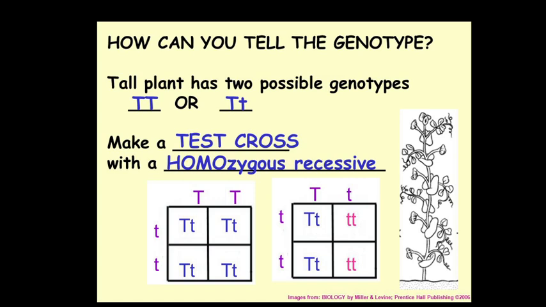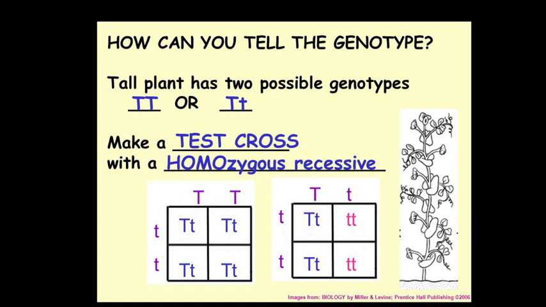How do you find out which genotype this tall plant has, whether it is capital T capital T or capital T small t? For this we have to take a test cross, with a homozygous recessive. We cross capital T capital T with the recessive small t small t, and we obtain capital T small t, meaning all are tall, all are heterozygous tall.